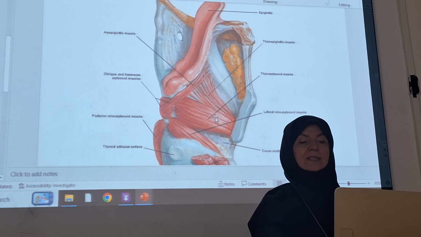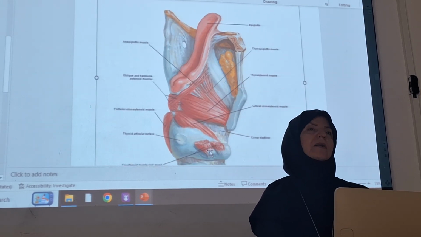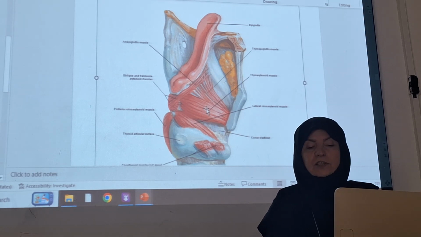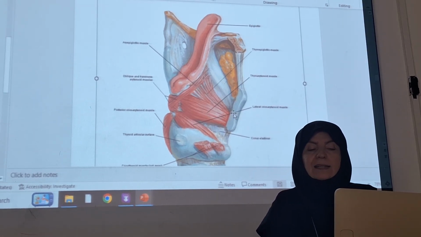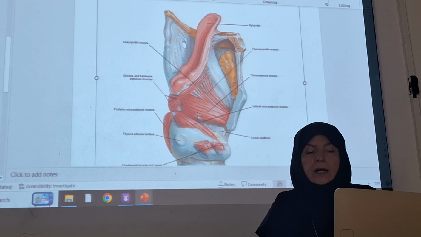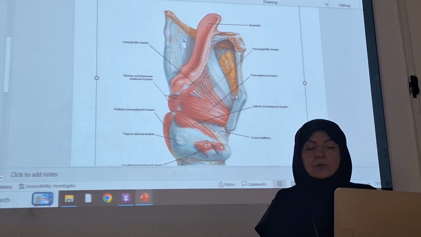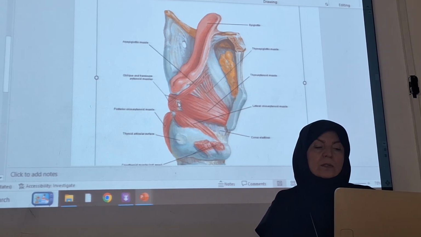Now, look at this picture. Another muscle is visible here: the thyroarytenoid muscle. Anteriorly it attaches to the thyroid cartilage, and posteriorly it attaches to the arytenoid.